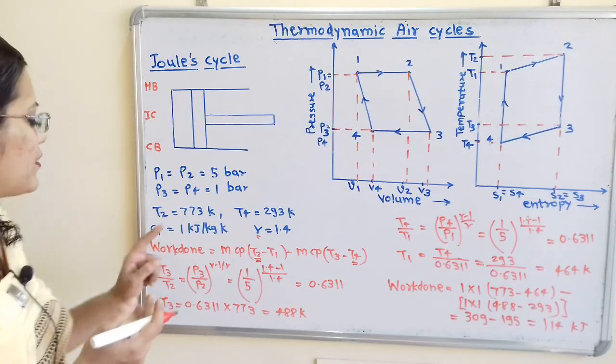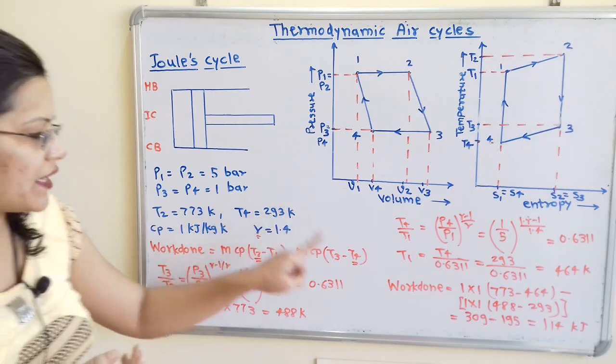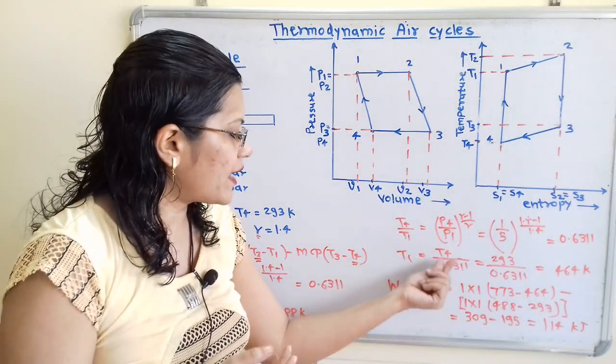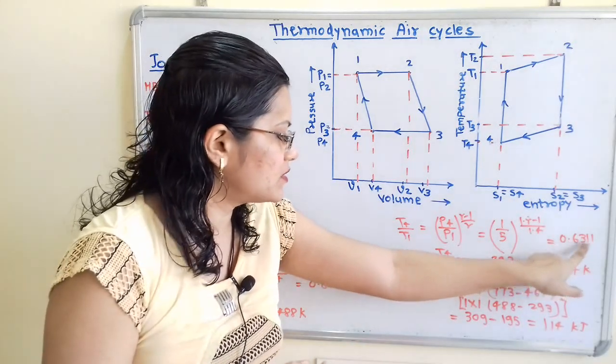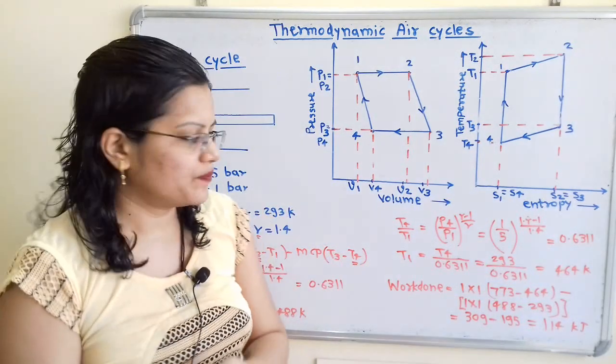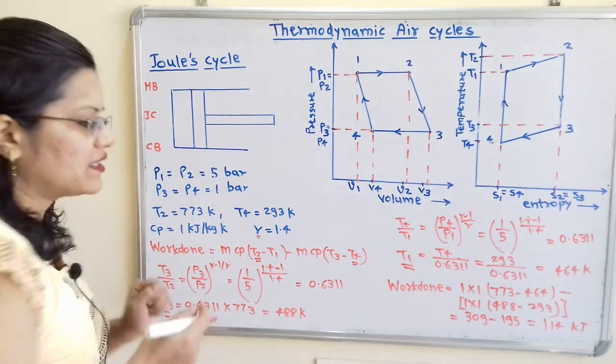Now we have to find T1 because T4 is known. T4 is 293, so T1 is equal to 293 divided by 0.6311, which is equal to 464 Kelvin.